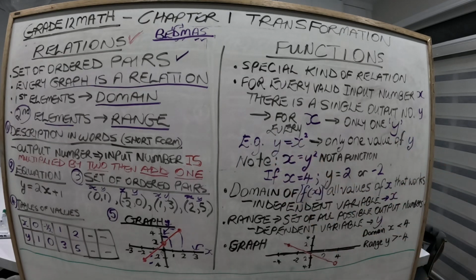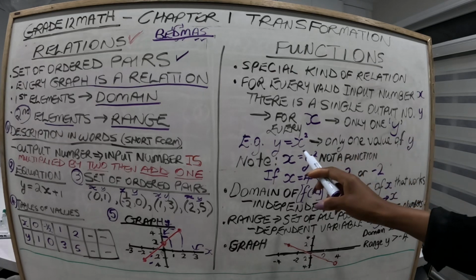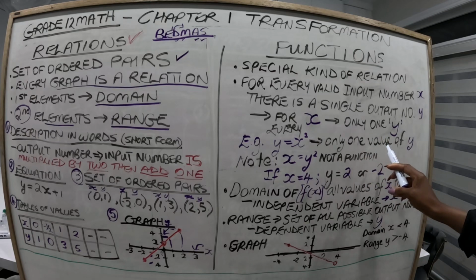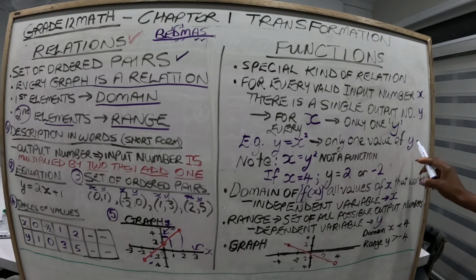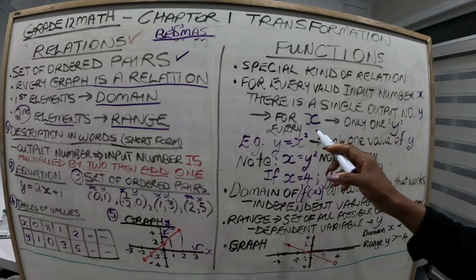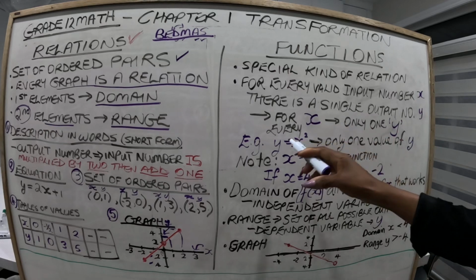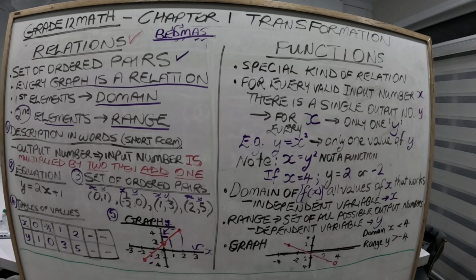So for example, when y is equal to x squared, only one value can be y, which means if x is -2, y must be 4. That means (-2) squared is equal to 4. So you can only have one value of y. And we will go down here and see how that makes sense.